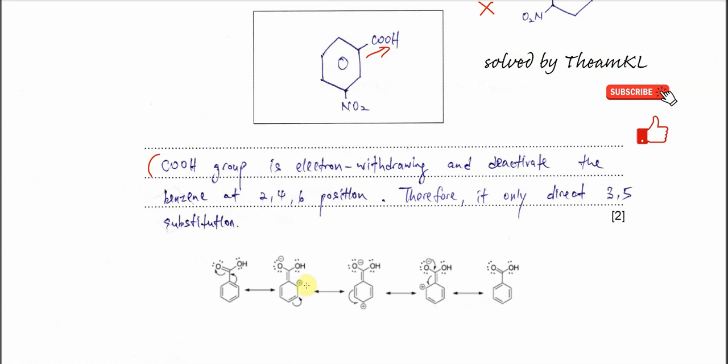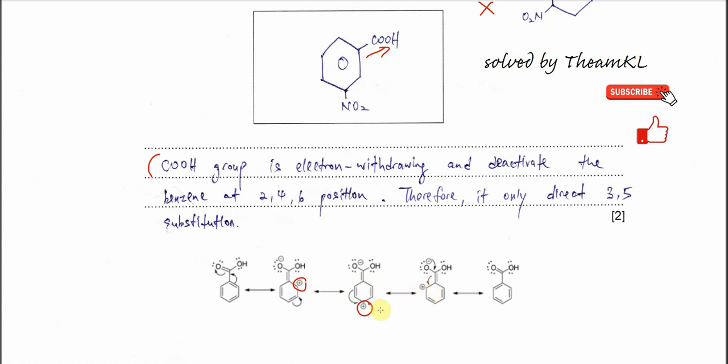So the first resonance structure is this one. Okay, you can see that the positive charge is on the second carbon, and after that the electrons will shift to this, and eventually it will form this second resonance structure. For the second resonance structure, you see that the positive charge is at this fourth carbon, and after that the electrons will move again.